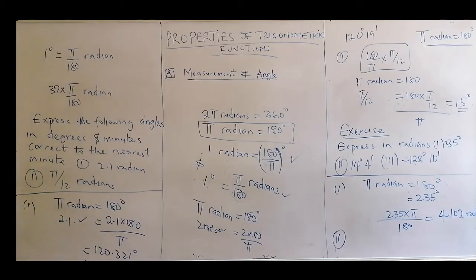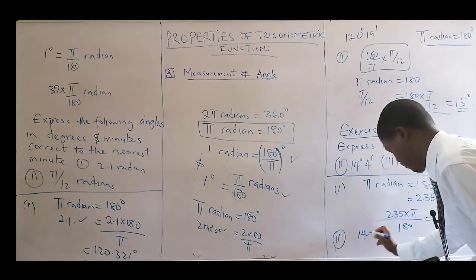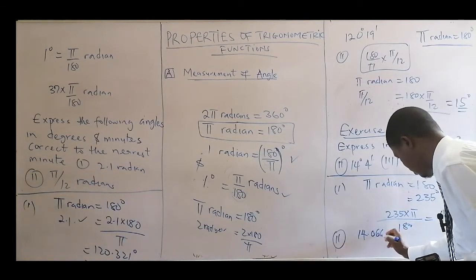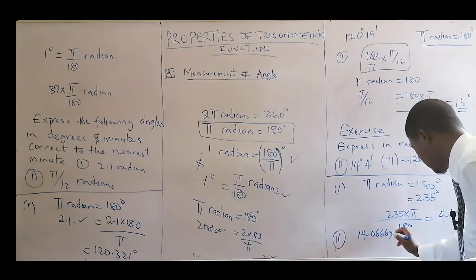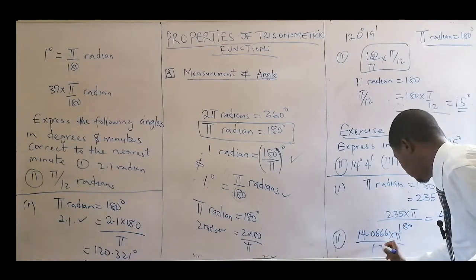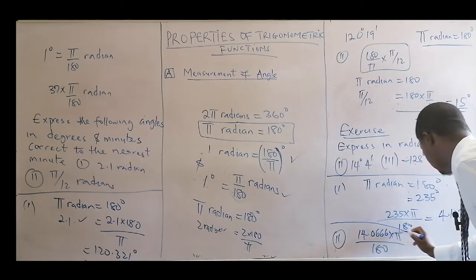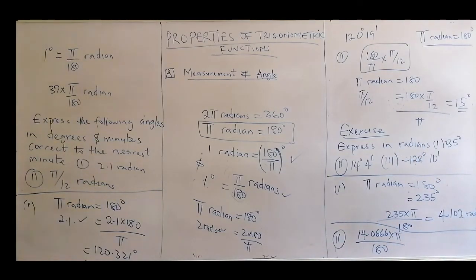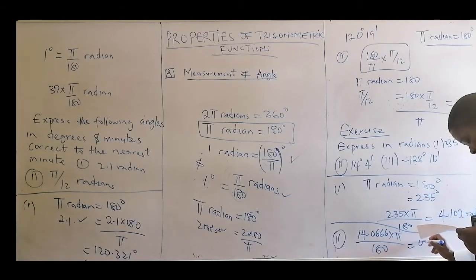That gives us 14.0666. Times pi all over 180 gives us 0.2455 radians.